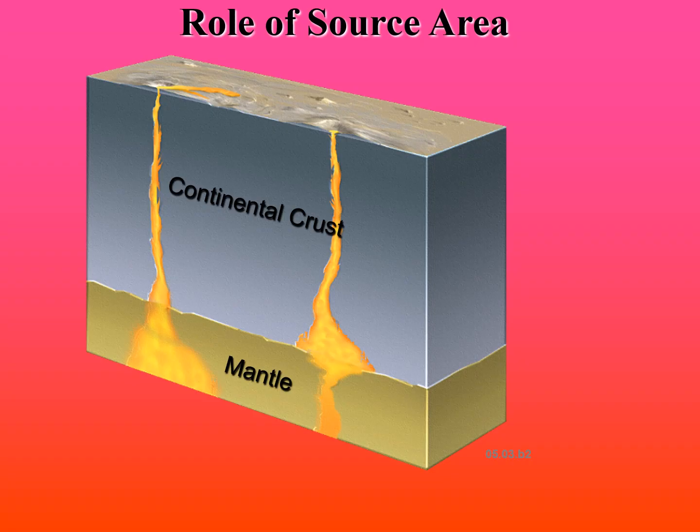So whether a magma is felsic or mafic has a lot to do with the source area. So if you have mantle rock here, which is basically just a semi-solid sort of thick soup of kind of all the constituent elements that we find in the earth. So it's got a bunch of iron, a bunch of magnesium, a bunch of silica, a bunch of oxygen, a bunch of aluminum, a bunch of sodium, and so on.